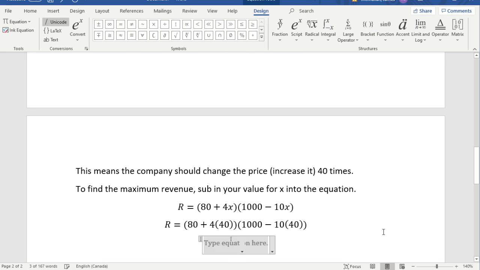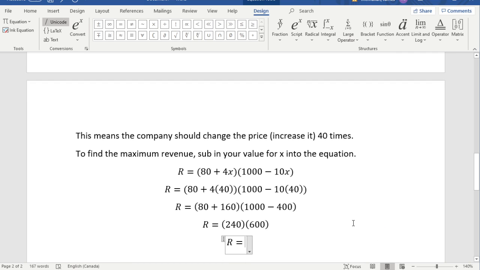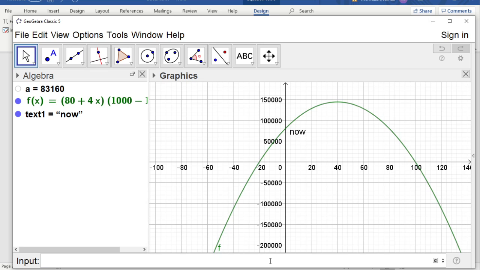So this means you have 80 plus 160 and 1000 minus 400. Our maximum revenue would be those two numbers multiplied by each other.